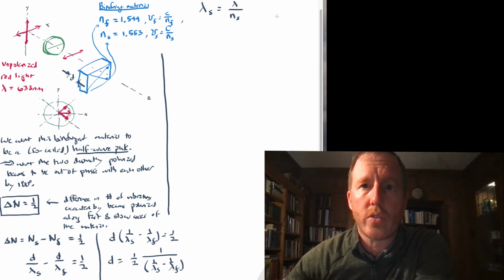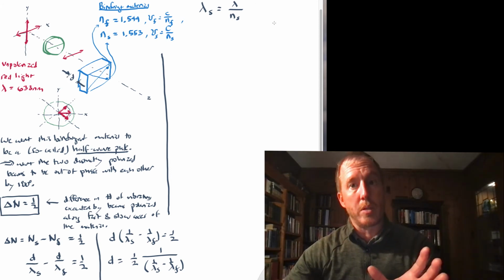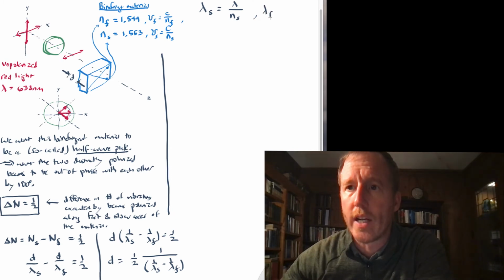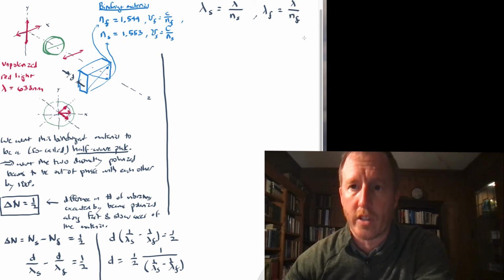Okay, and notice that because n sub s is larger than 1, that means the wavelength is going to be smaller than it was in the air. Basically, in this material, the wavelength is shorter. And likewise, the wavelength for the wave traveling along the fast axis is going to be the wavelength in air divided by the refractive index of a beam that is polarized along the fast axis.